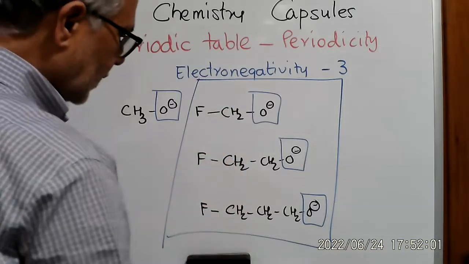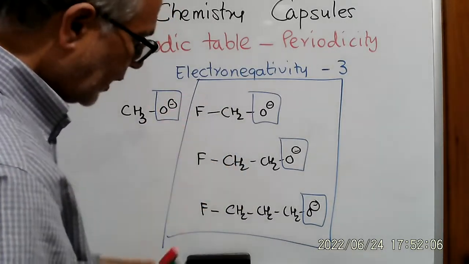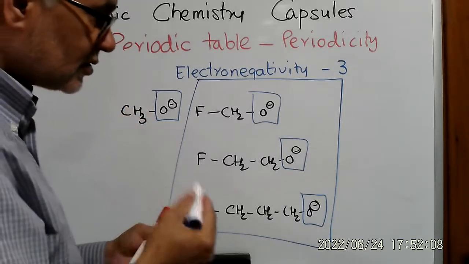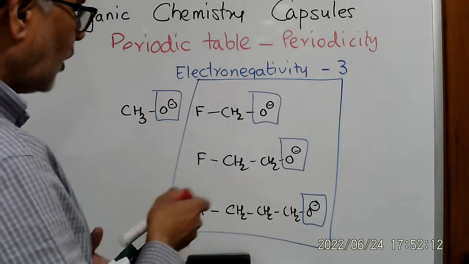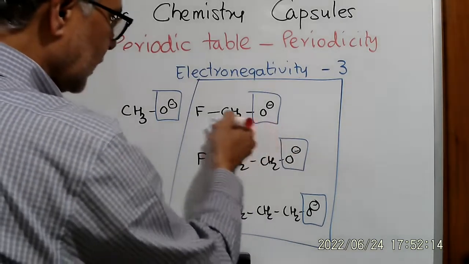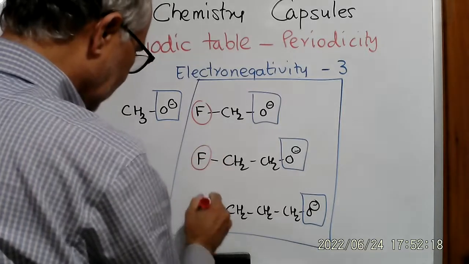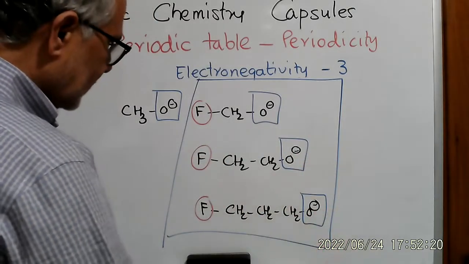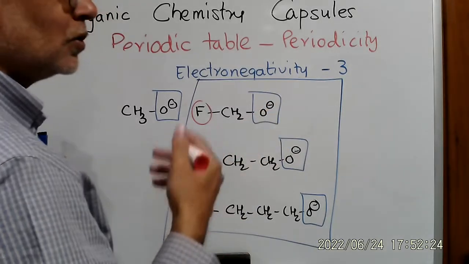Now let's see the second part. There are fluorines in every ion, but what's different is the distance, how far the fluorine is from the oxygen. Of course, fluorine is the most electronegative element, but the distance from the oxygen also matters.